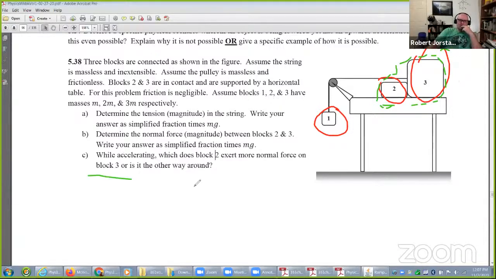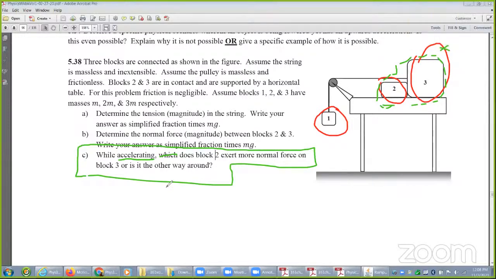Help me out. Answer question part C. While it's accelerating, does block 2 exert more normal force on block 3, or is it the other way around? While it's accelerating. What do you think?